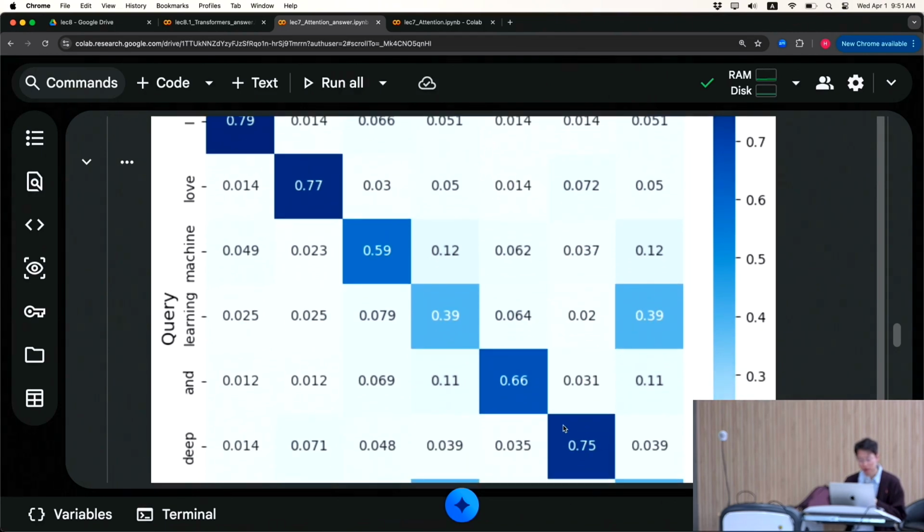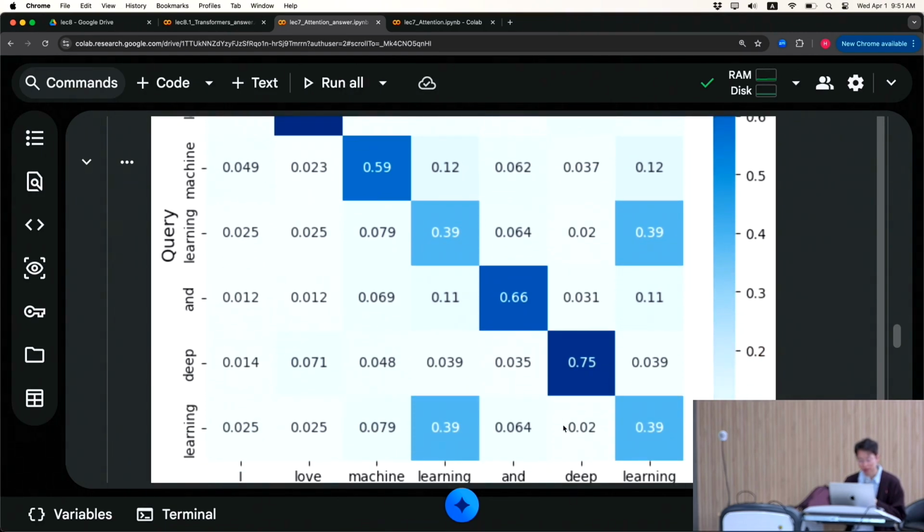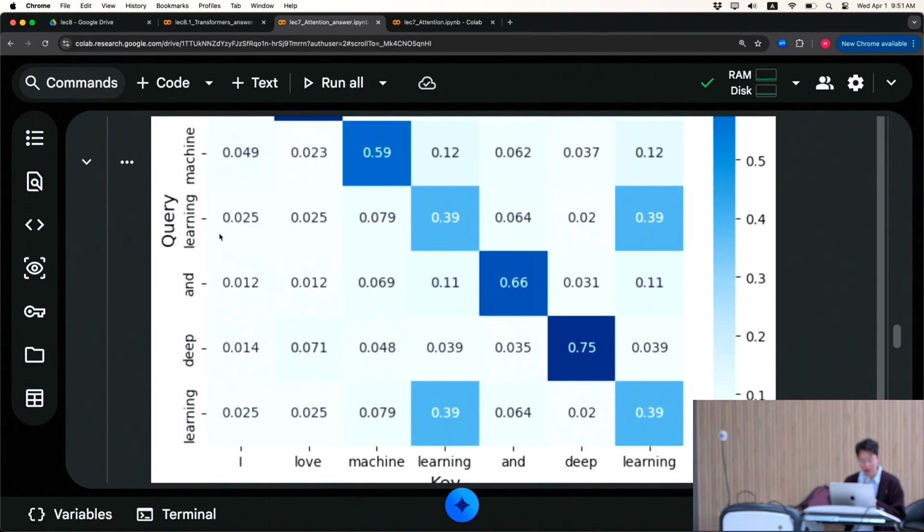So let's see which ones have high similarities. For example, learning has a high attention with learning itself, because they have the same character frequency. So we have two same words that appear in the sentence.